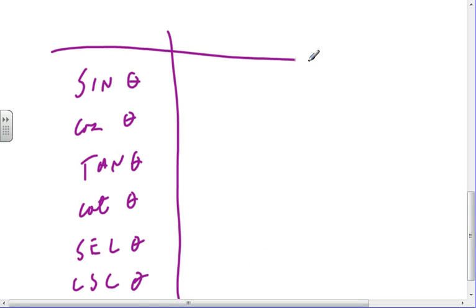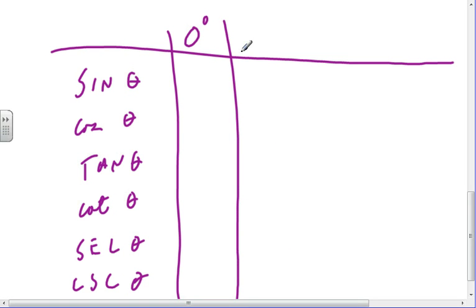And I ask myself, what happens at 0 degrees? Fine. Sine is 0. The cosine is 1. The tangent is 0. The cotangent's undefined. The secant is 1. The cosecant is undefined. Cosecant's 1 over sine. I got a 0 there, so that's what would happen.